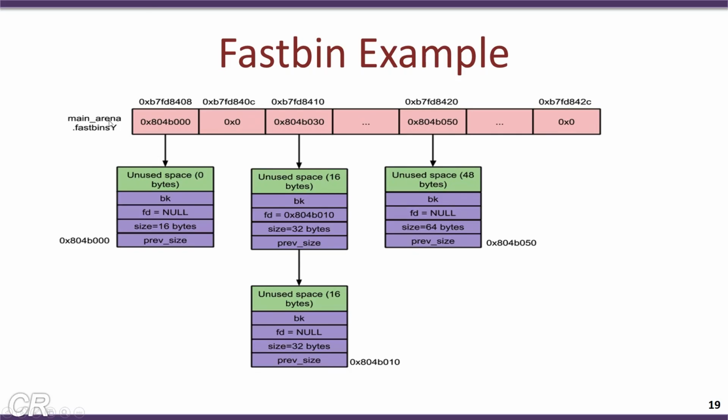So in the main arena, we would have an array like this, and each element is a pointer to a linked list. For example, this first element is a fast bin pointer, and it's a pointer to a linked list of chunks which is of 16 bytes. This entry is a pointer to a linked list of memory chunks of 32 bytes, and so on.